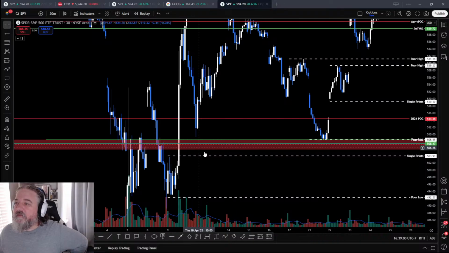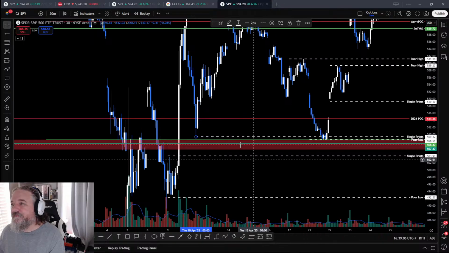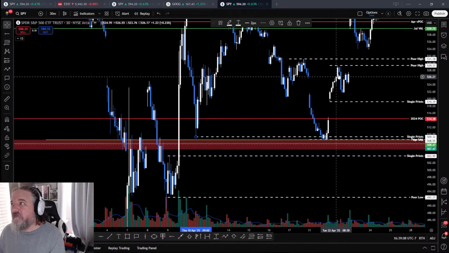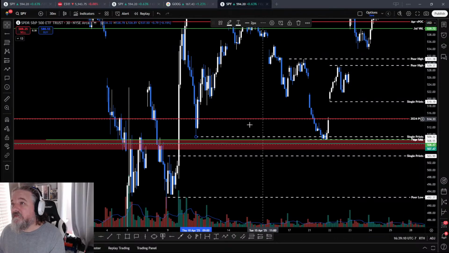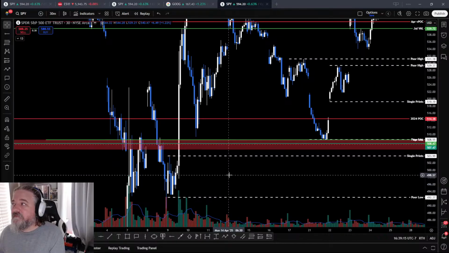Basically, here's a good example where this is single prints, and when we came back to here, we bounced hard, right? I leave them on there for a while.